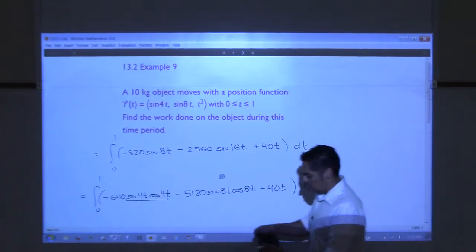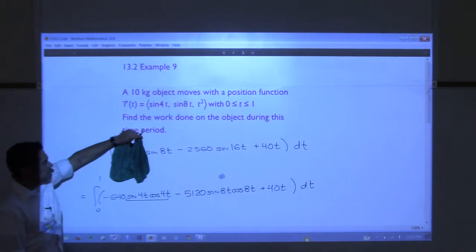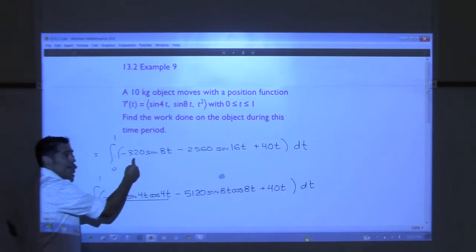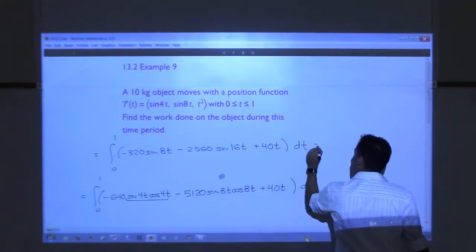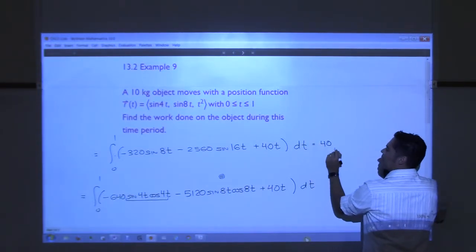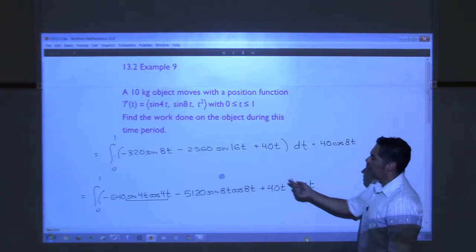What is the antiderivative of sine of 8t? Negative 1/8 cosine of 8t. So when I bring in a negative 1/8, divide that by negative 8, and you're going to get what? 40. So we're going to have 40 cosine 8t. And then same thing here.